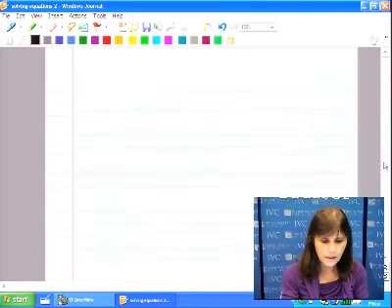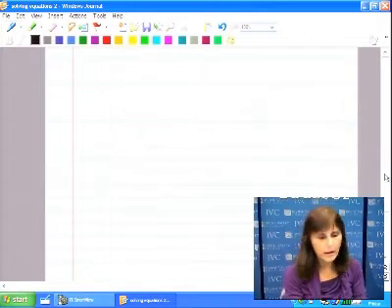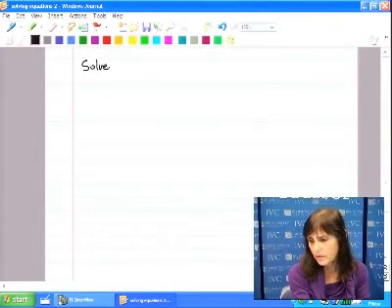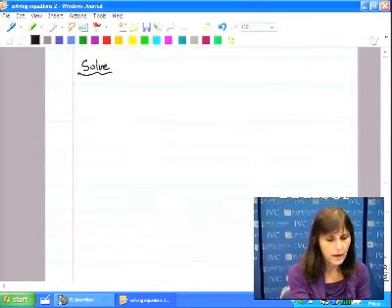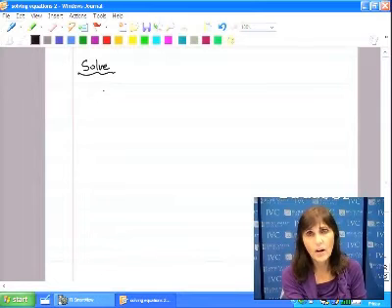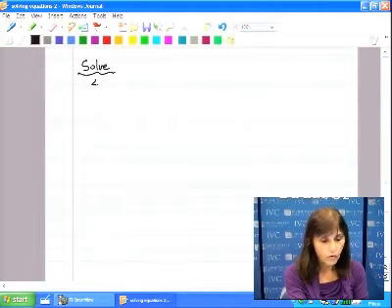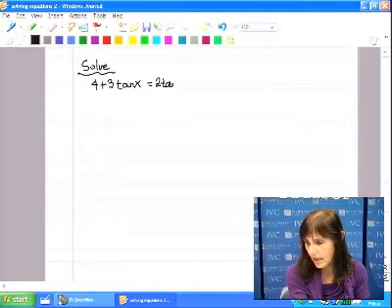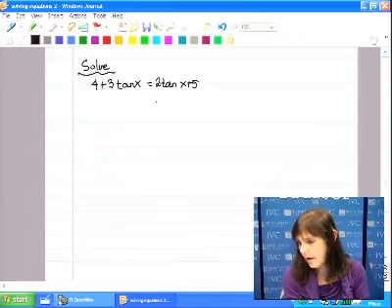So this one is a solved problem, but it's given in this form, solve, and they are asking you to solve something with tangent, and it's conditional, so they are going to restrict it. 4 plus 3 tangent x equals 2 tangent x plus 5. All right?